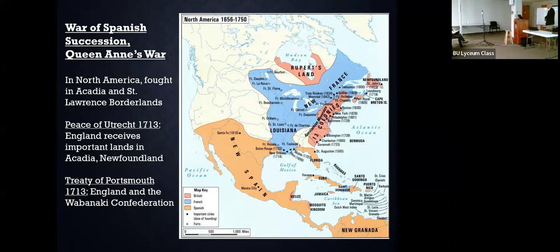But the Treaty of Utrecht did not really embrace what was happening in North America, at least in a critical sense, because the Native Americans who'd been involved in all of this were kind of left out of the treaty altogether. It's like, well, this is between Britain and France and the other countries involved in Spanish succession, Spain and so on.